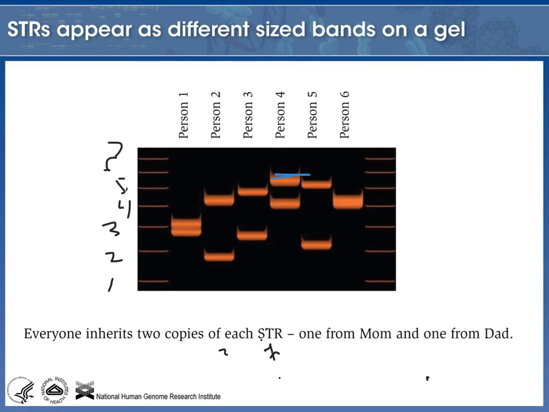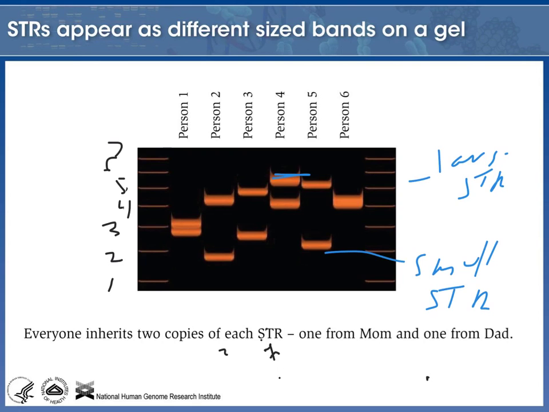So up here, you have the largest fragments. Okay, these are large STRs. And down here, you have small STRs. Okay. Now remember, we're talking about diploid here, so everybody gets 1 from mom and 1 from dad.